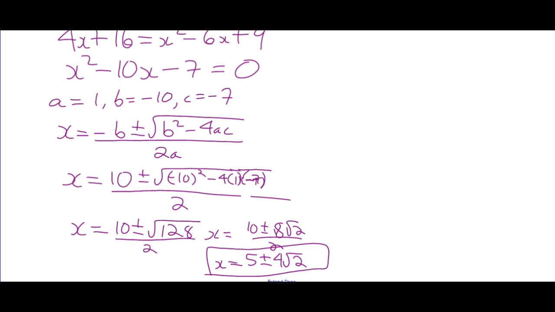Root 2 is under 2. So if root 2 was 2, that would be 5 minus 8, which is negative 3. So you're fine, because that's greater than negative 4. Okay, so now we've got our solutions, right?